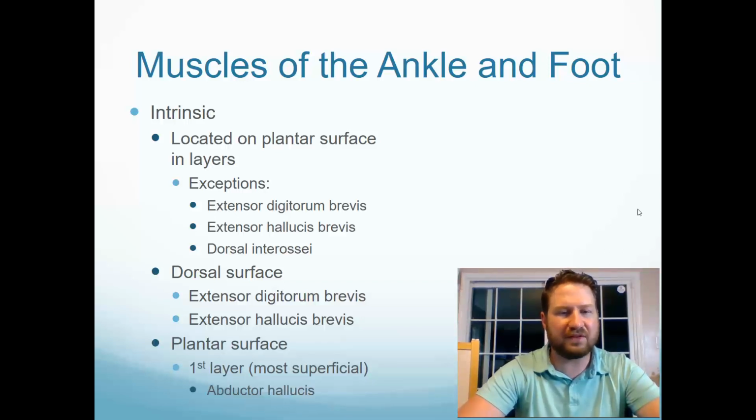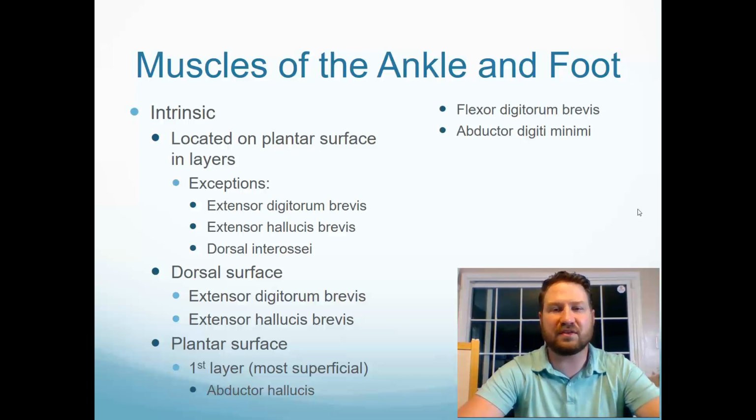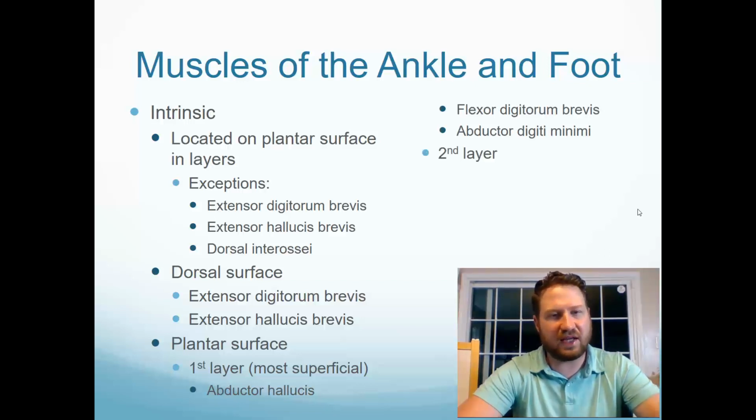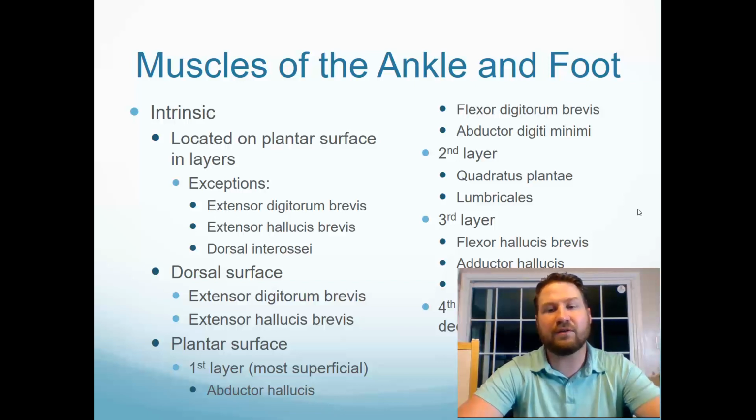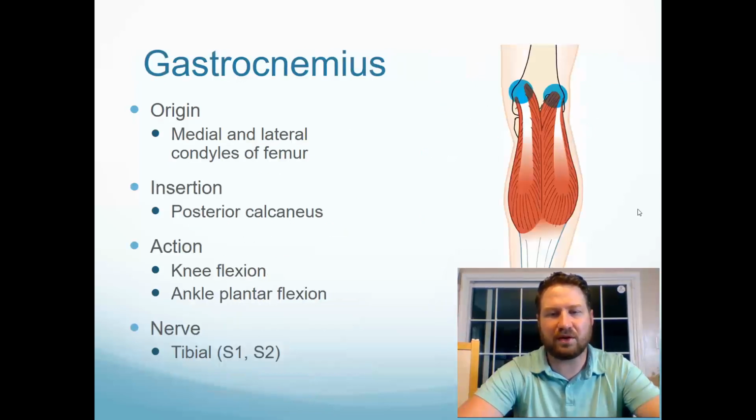On the plantar surface, the first layer is most superficial, we have our abductor hallucis, our flexor digitorum brevis, our abductor digiti minimi. In our second layer, deep to that, we're going to have our quadratus plantae, our lumbricals, and then our third layer is going to be our flexor hallucis brevis, adductor hallucis, flexor digiti minimi. In our fourth layer, our deepest layer, we're going to have our dorsal interossei, plantar interossei.